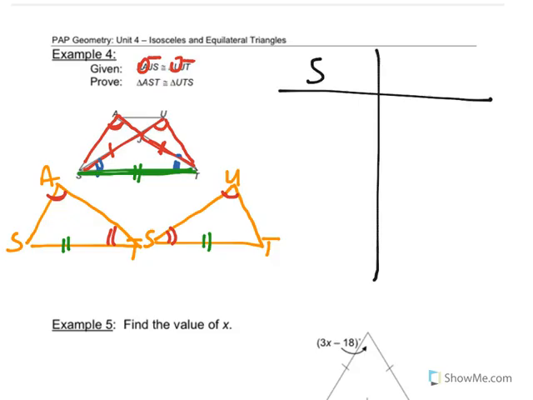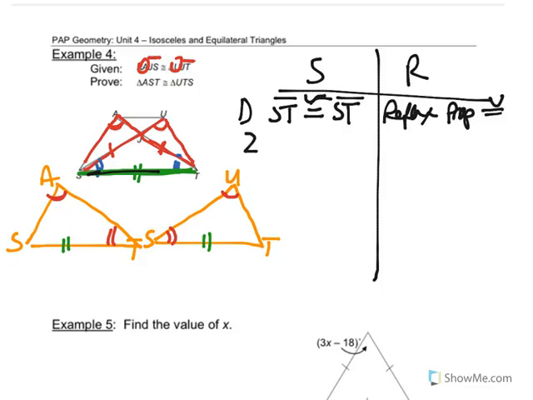So we have our statements and our reasons. Let's start with this green side right here. We can say that line segment ST is congruent with ST, and that would be the reflexive property of congruence.